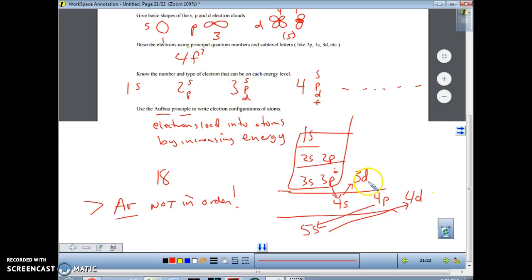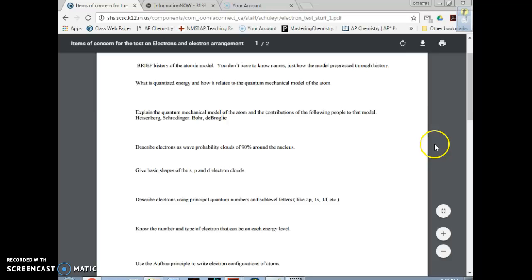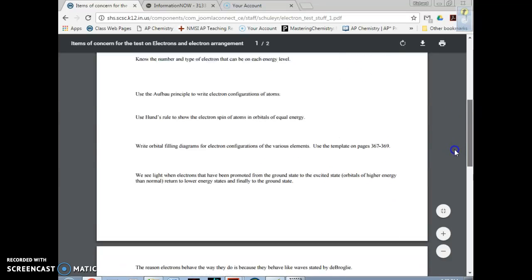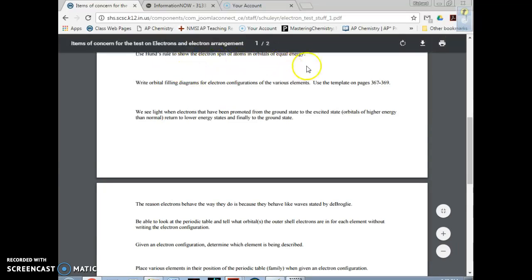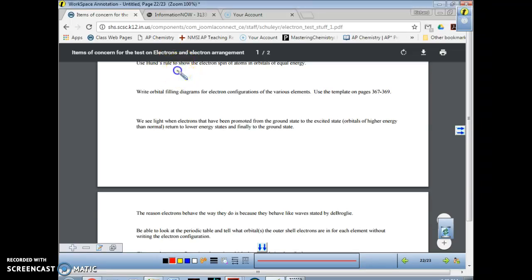Alrighty, that's page 1. What's page 2 look like? Well, we're really not done with page 1, are we? What's Hund's rule say? It says show the electron spins of an atom in orbitals of equal energy. Only time that applies is if you have orbitals of equal energy, like, for example, the 3p.